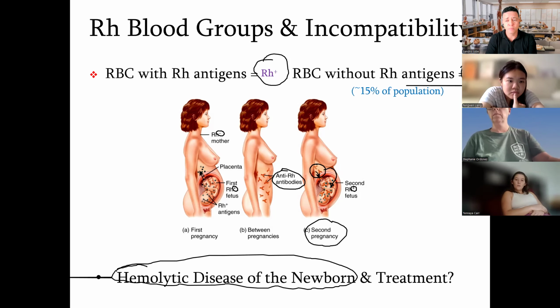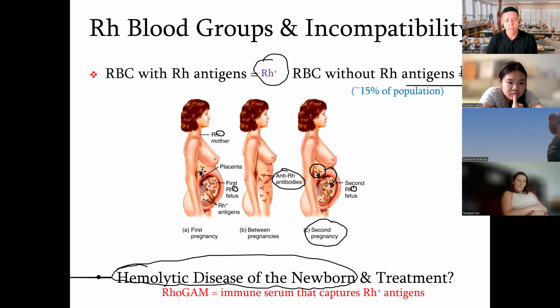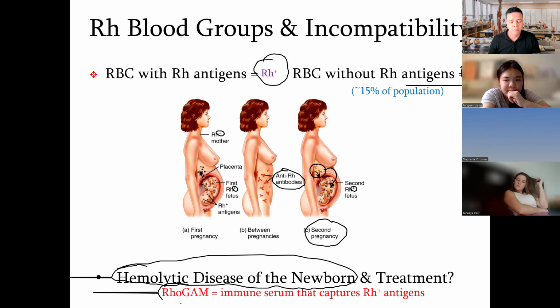Fortunately, there is a treatment for that, especially in developed countries where we have medical care, we have prenatal care, in which if the doctor knows that the mother is negative and the fetus is positive, and they're going to test for that, after the first pregnancy is done, right soon after, the doctor will inject the mom with a serum called RhoGAM.